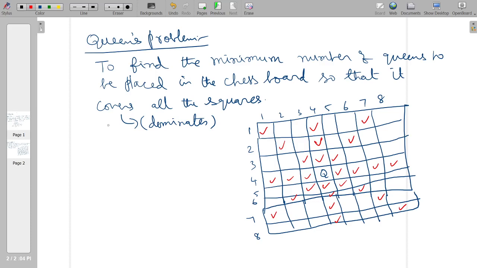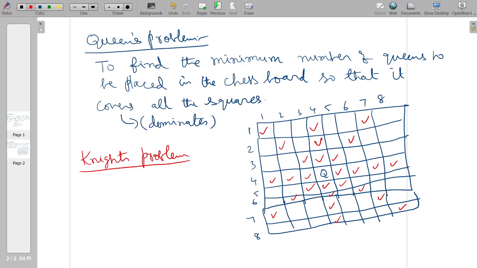And similar to this queen's problem, you have the knight's problem, the movement of the knight on the chessboard. So the minimum number of knights that is required to cover all the squares of the chessboard.